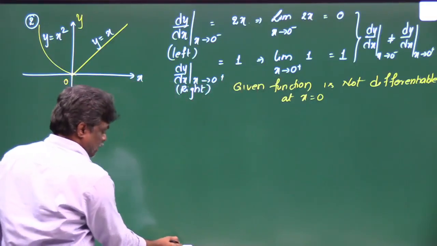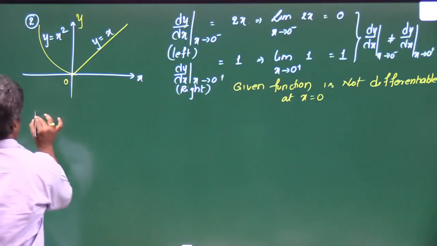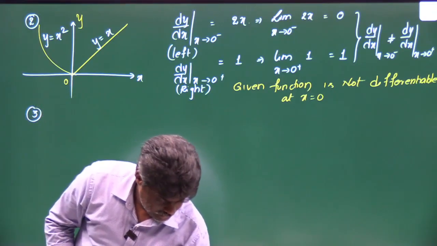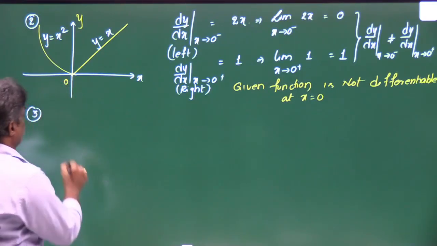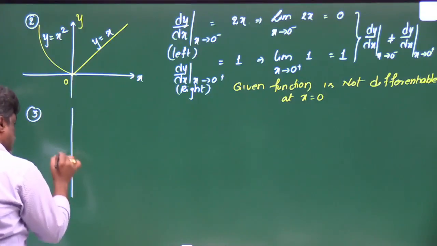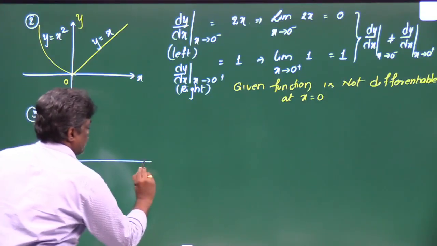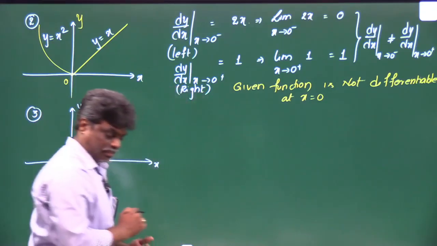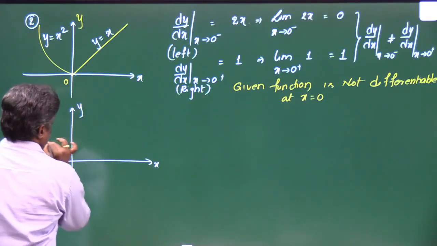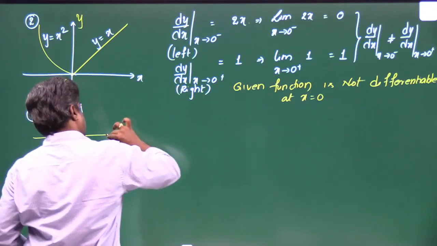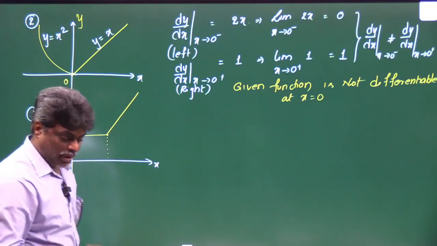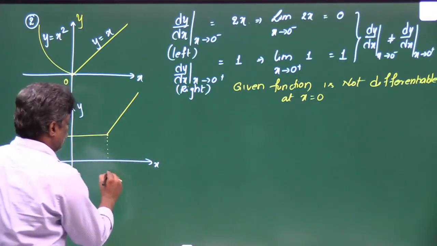Now let us take one more. And the third one they have defined, something like this. So here this is the x-axis and this is the y-axis. They have given the function like this, and the point is given as x equal to 1.